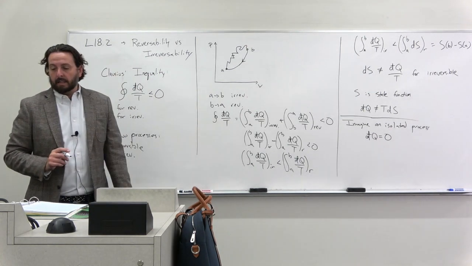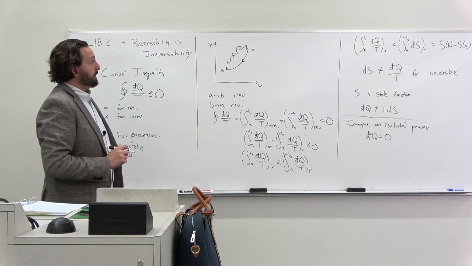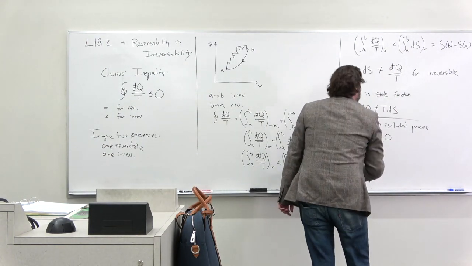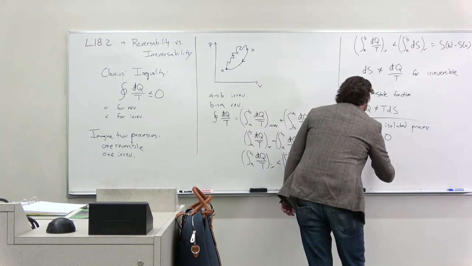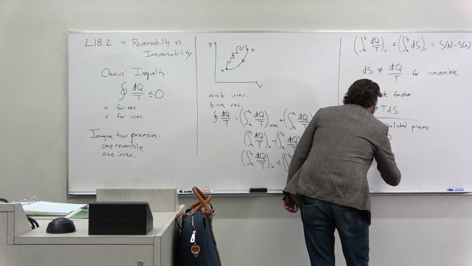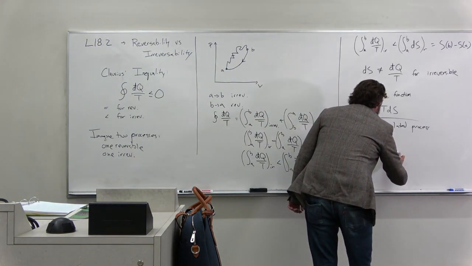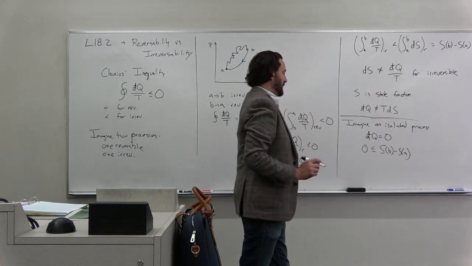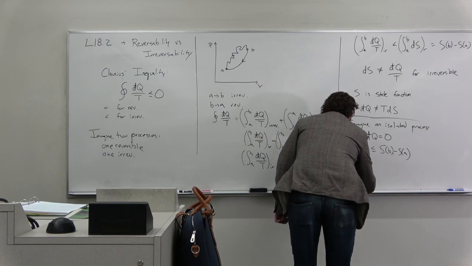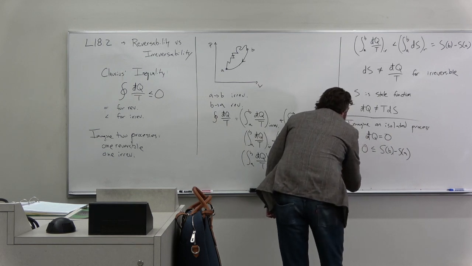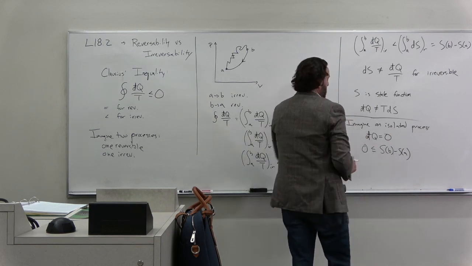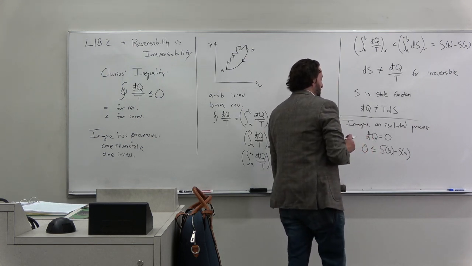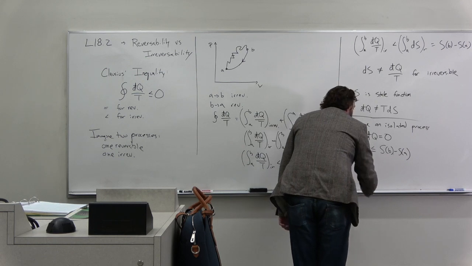And so then you can see that in our inequality, 0 was less than or equal to S of B minus S of A. And again, the inequality is only for an irreversible process, and the equality is for a reversible one.